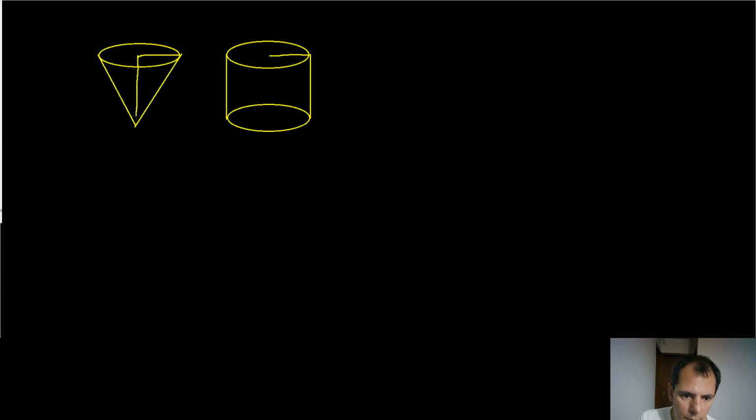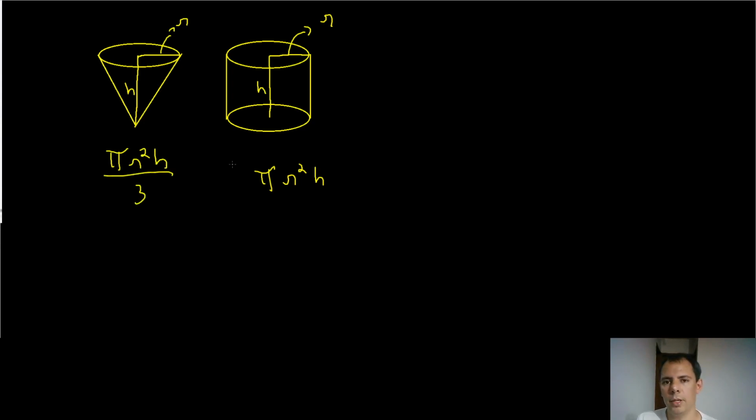So if this is the height, this is the height, this thing here is R, this thing here is R, the volume here is going to be pi R squared times the height. It's the area of the circle times the height. What's the area of the circle? Pi R squared times the height. What is going to be the volume of this thing here? It's going to be pi R squared times the height divided by 3.